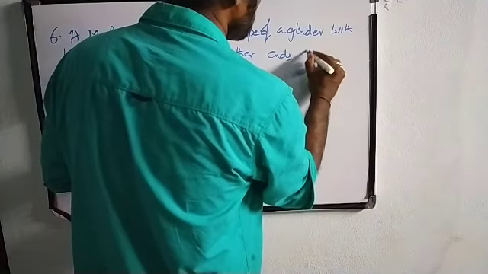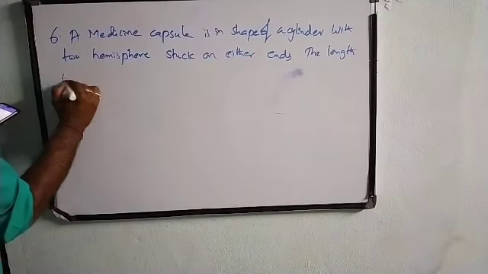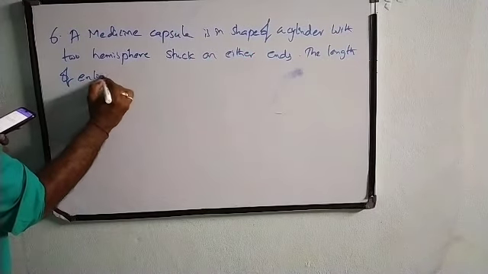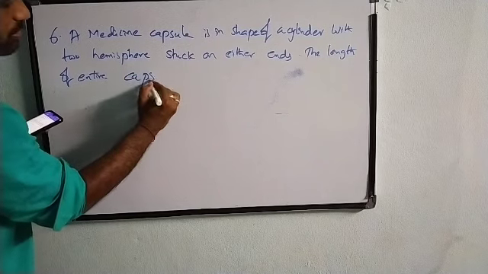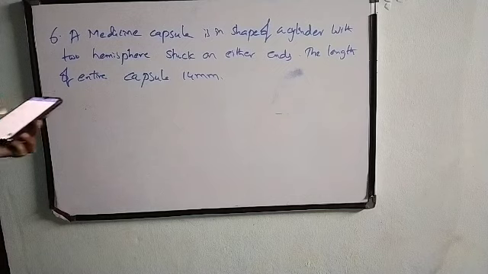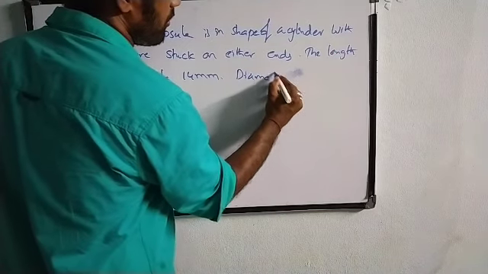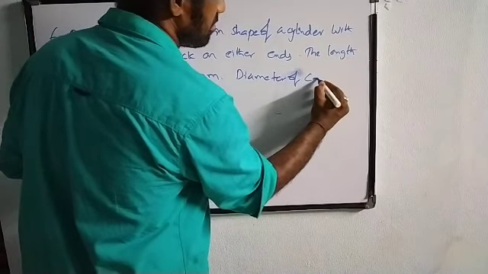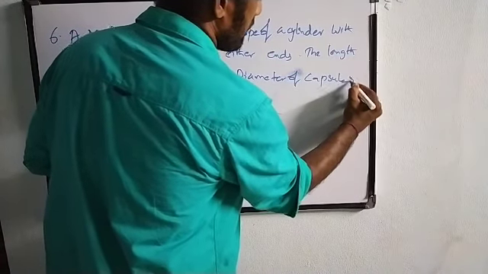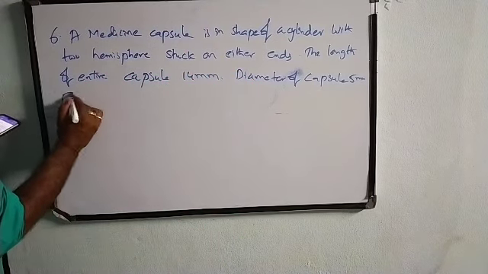The length of the entire capsule is 14 mm and the diameter of the capsule is 5 mm. Find the surface area.